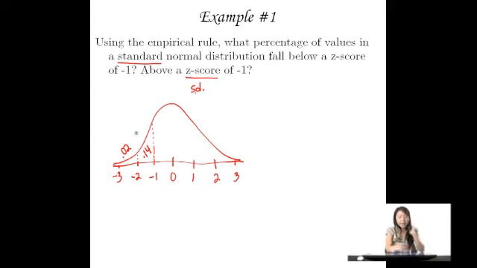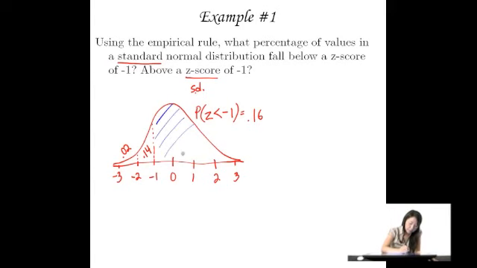So if we add these up, that would be 0.16. To write it in a formal algebraic expression, it's P(Z < -1) = 0.16.